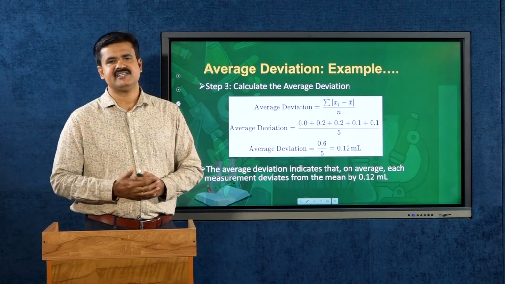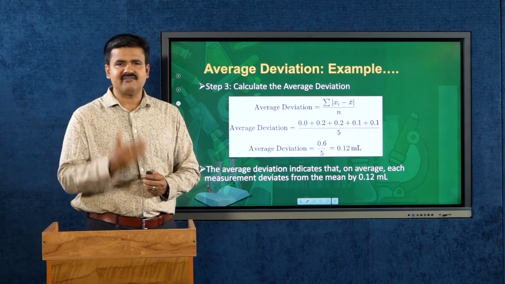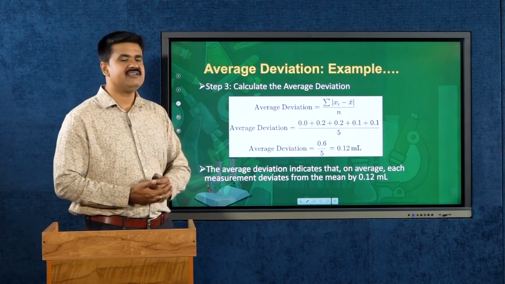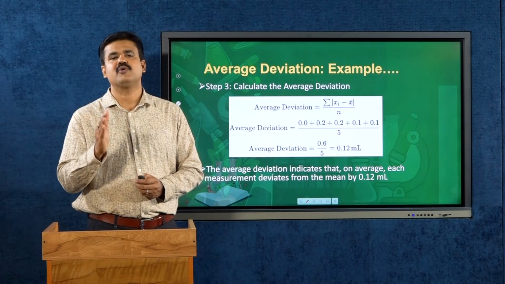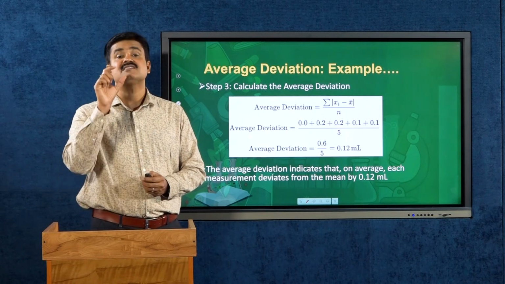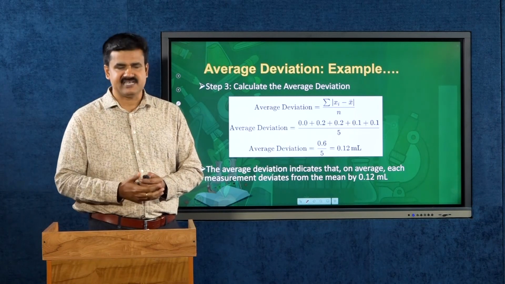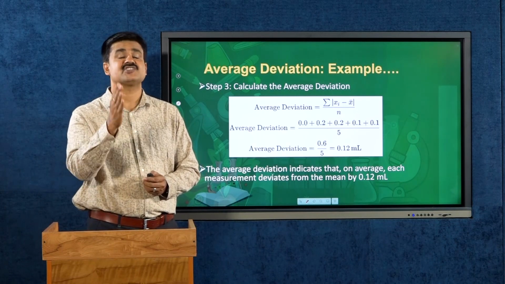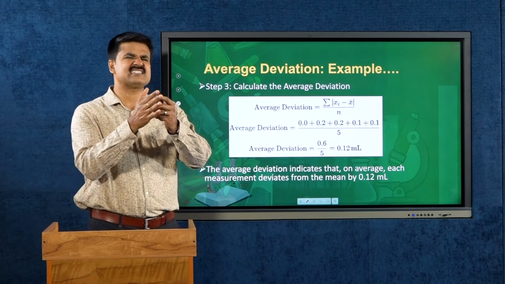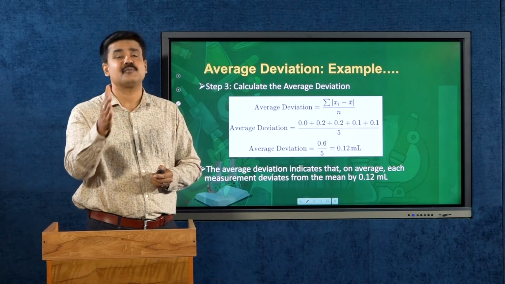The average deviation indicates that on average each measurement deviates from the mean by 0.12 ml. This is the most important significance of this average deviation. As I mentioned earlier, it simply represents the dispersion of the data around a central mean.